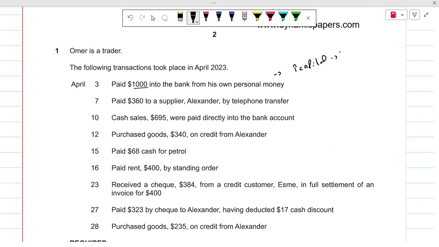Why? Because this is new money, a fresh investment coming from outside, from the owner.